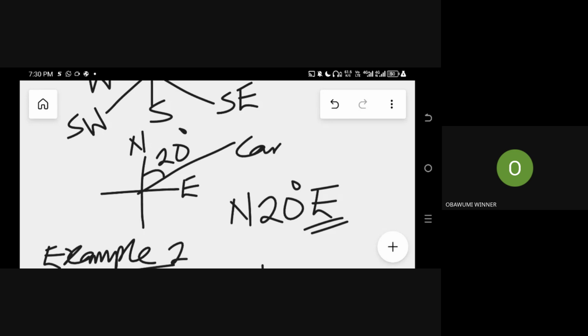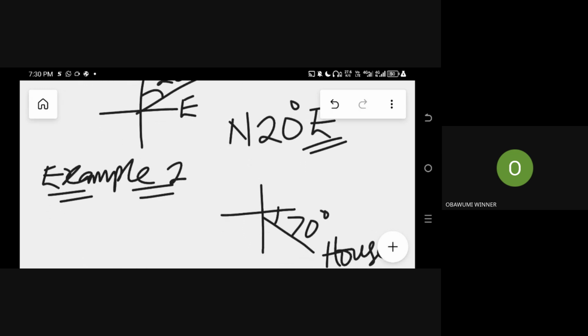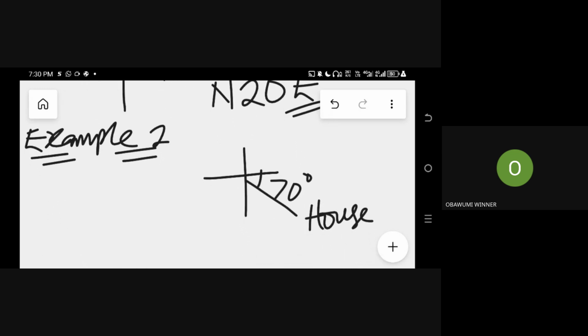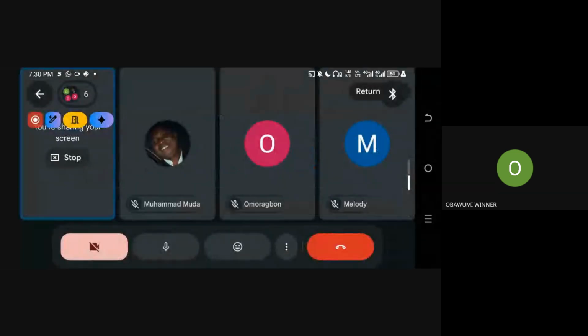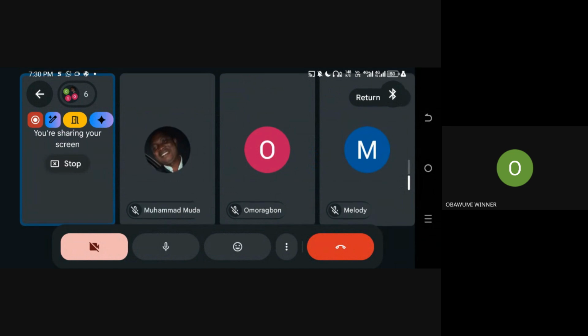Okay. Now we have this example two. This is a house, and this house is located as depicted in the compass here. That's the location of the house. So I will look for someone here to tell us the position of this house.